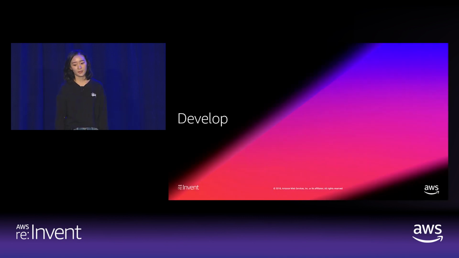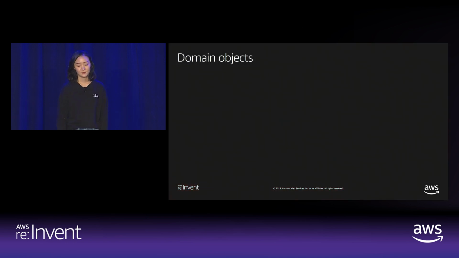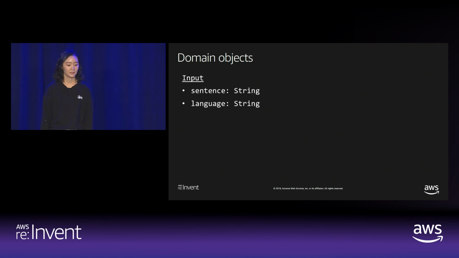So I've laid out the foundation of what my app is, how it's going to look like, what platform it's going to support, so we can start building it. First, I want to think about my domain object. My input is going to be consisting of a sentence and a language, which are both strings. And my output is going to be a sentence, which is also a string.